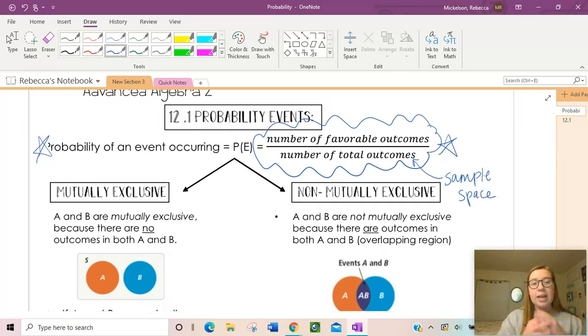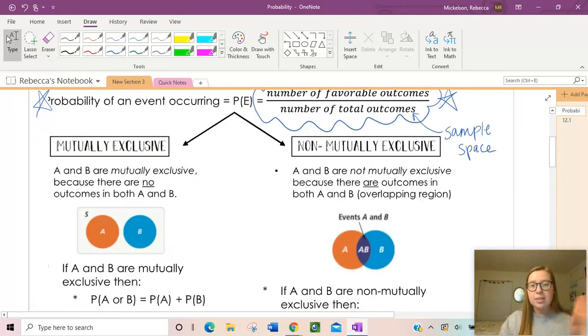Now we can categorize our different probability events into mutually exclusive versus non-mutually exclusive. So first one, mutually exclusive: items A and B, or probabilities A and B, are going to be mutually exclusive if there are no outcomes in both A and B. So think of A and B as our sample spaces.